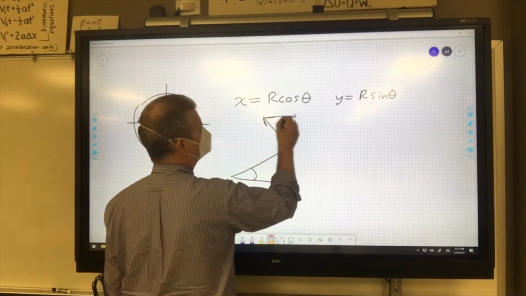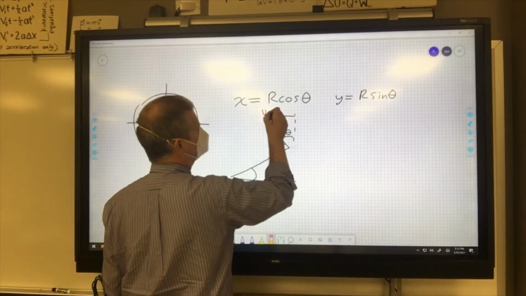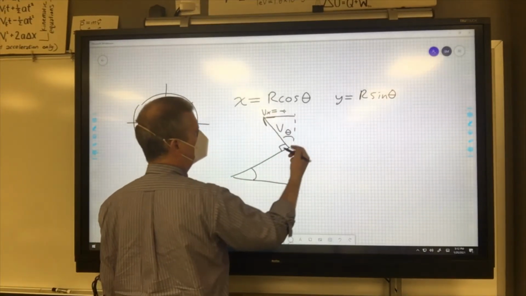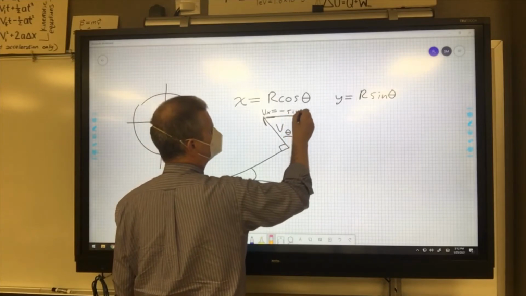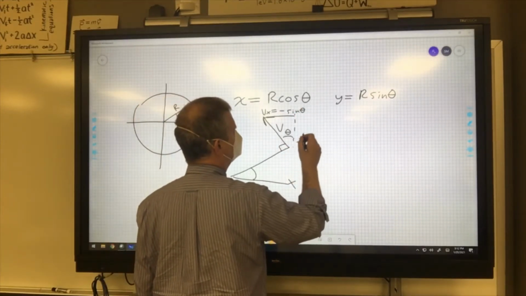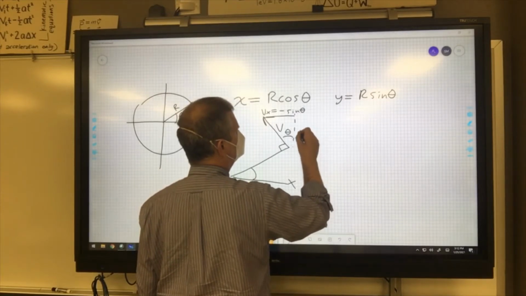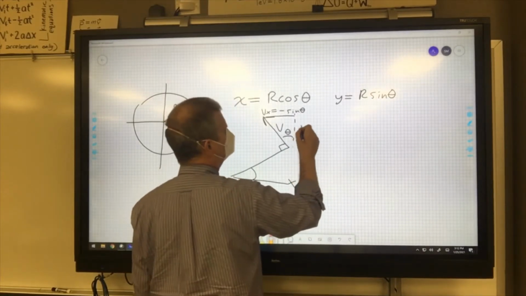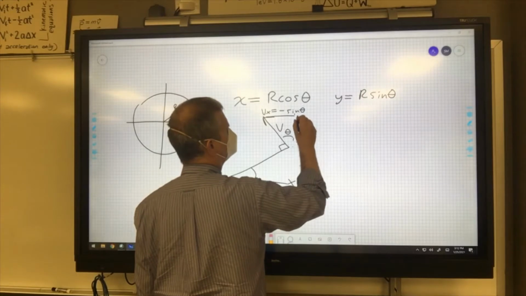Well, if that's true, then the x component is in the negative direction, and it's sine theta, because it's opposite that angle. This is going to be Vy, and that's going to equal the positive cosine of theta.